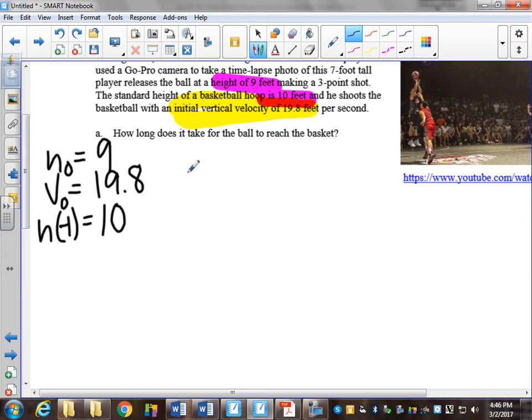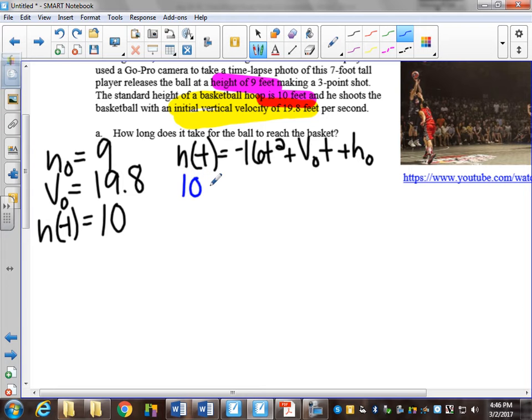The model for a velocity problem, h of t equals negative 16t squared plus v naught t plus h naught. We have all this information, so all we have to do now is plug it in. 10 equals negative 16t squared plus 19.8t plus 9.